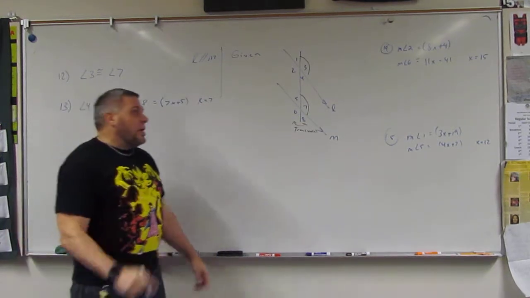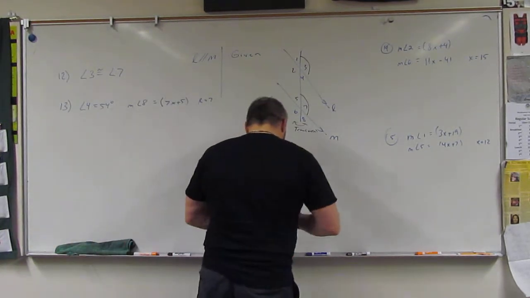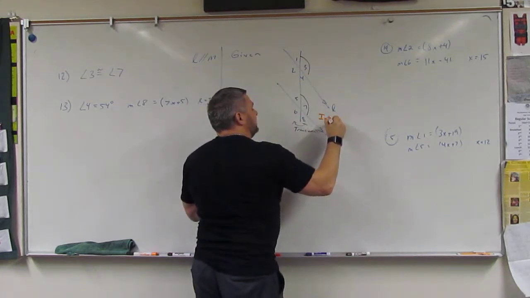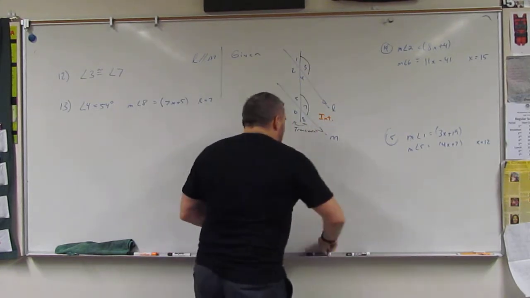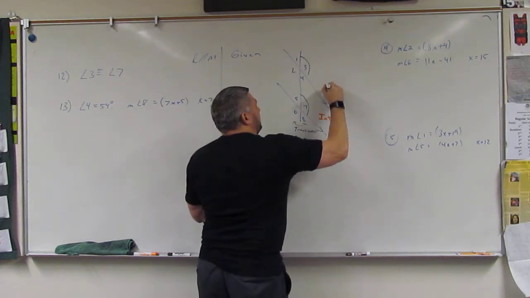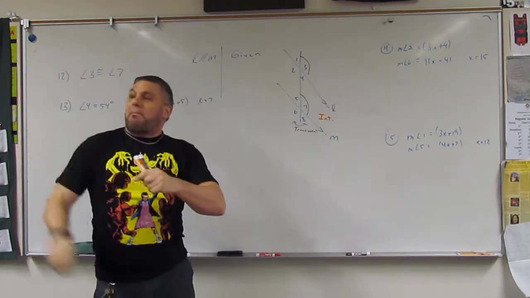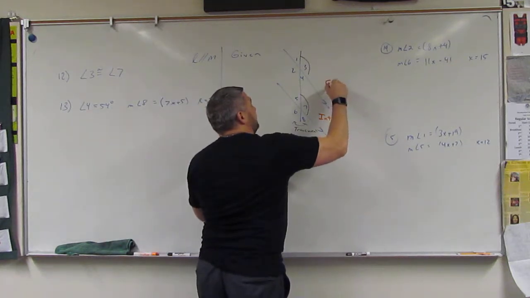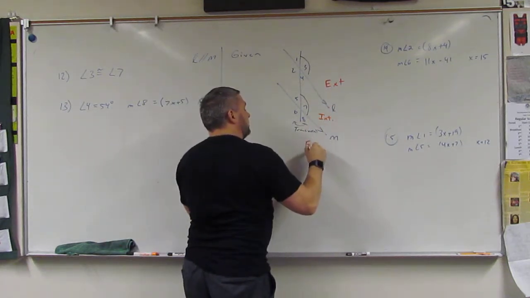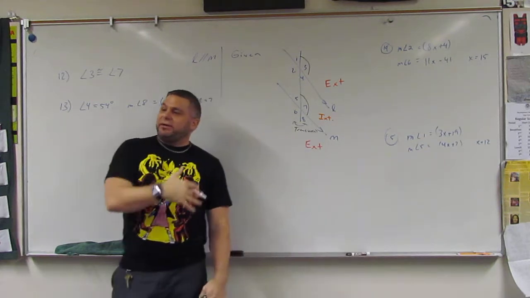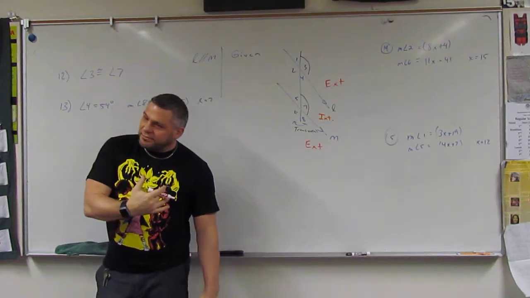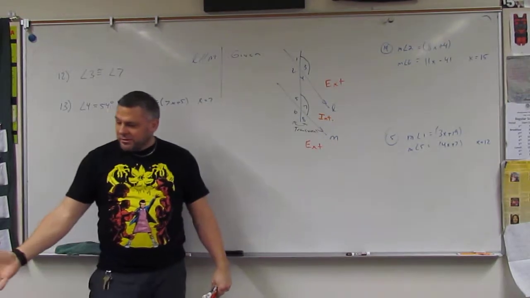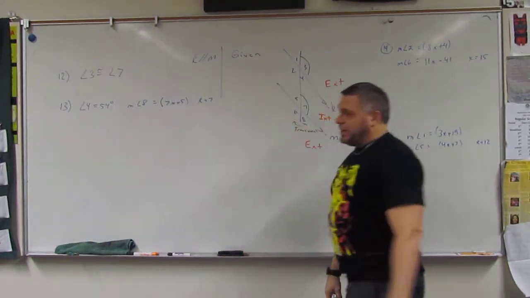Now, are they both interior? So here's a valid question. Are they both interior? Or exterior? Or is one interior and one's exterior? Not sure. Good. At least you're not sure.